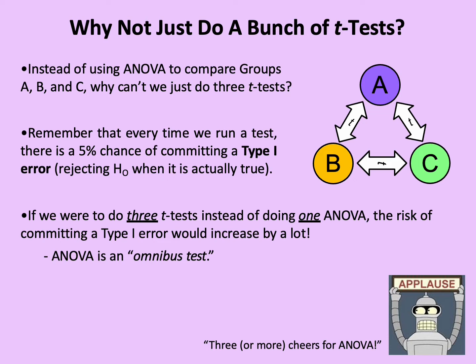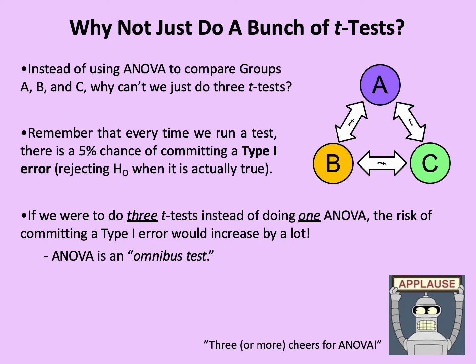But if we were to conduct 3 separate independent samples t-tests, that would mean that we keep accruing that 5%. So instead of a 5% chance of rejecting the null hypothesis when it is true, we now have a 15% chance, which is much, much higher.